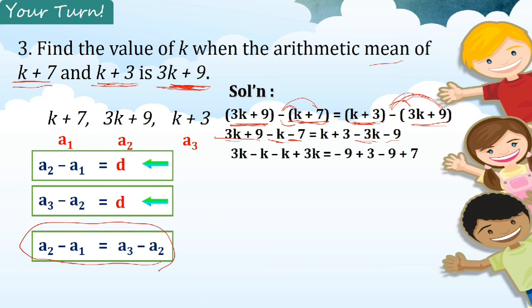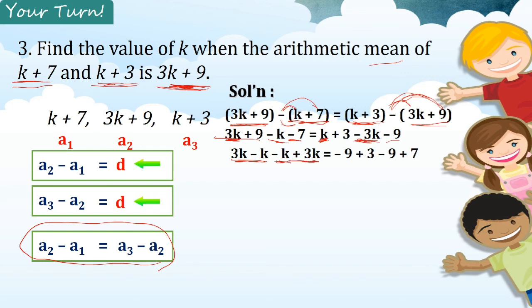And then, transpose itong may variable sa right side. Okay? Or, pwede din na, ito dito, i-transpose sa left side. Same lang yan siya. Okay, so ito siya, transpose natin from positive k, maging negative k. So, kopyahin lang natin ito dito, 3k minus k. And then, ito siya, ilipat from positive, maging negative k. From negative 3k, maging positive 3k.